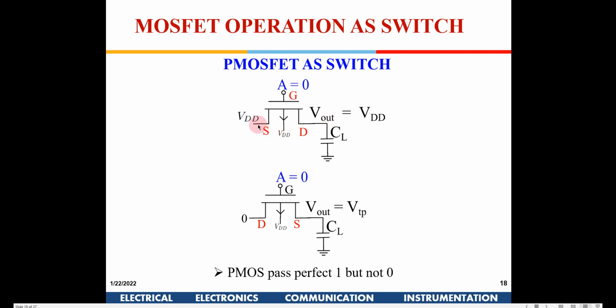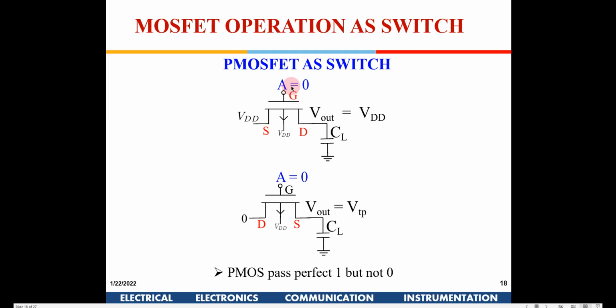Now you have given VDD here, and this now becomes the source. So this voltage keeps increasing. Irrespective of the voltage here, this transistor will remain switched on because the source is VDD and the gate is 0.